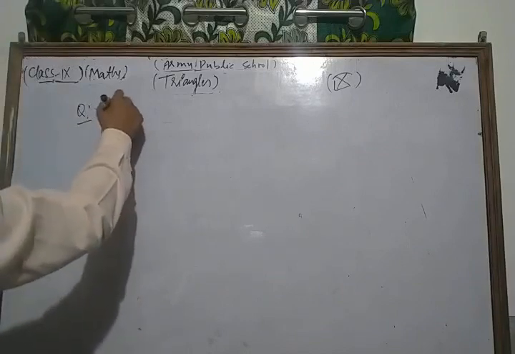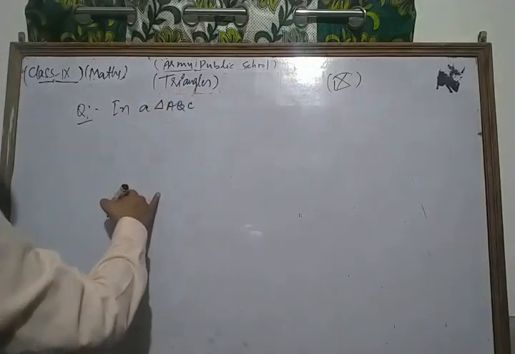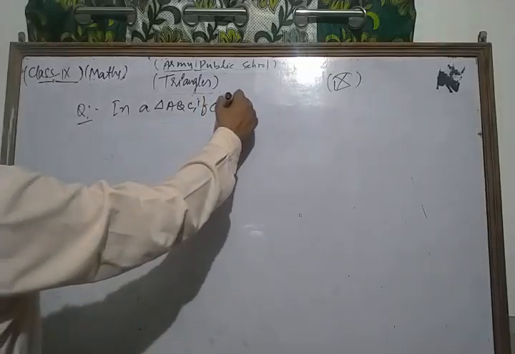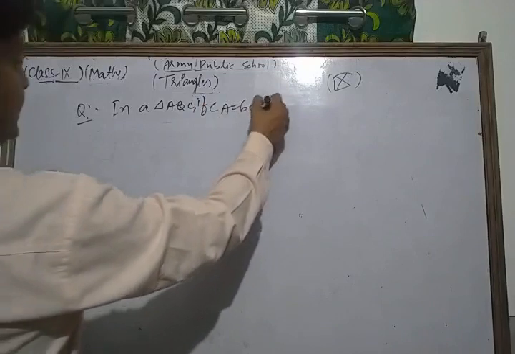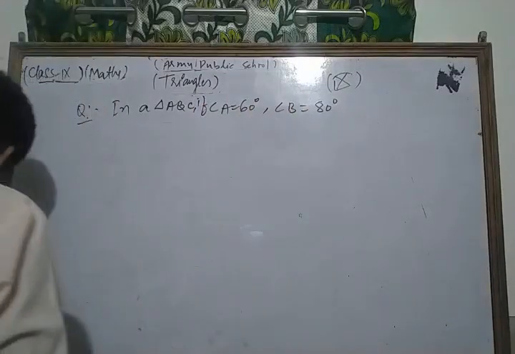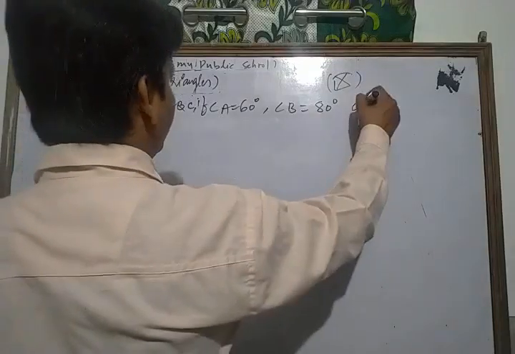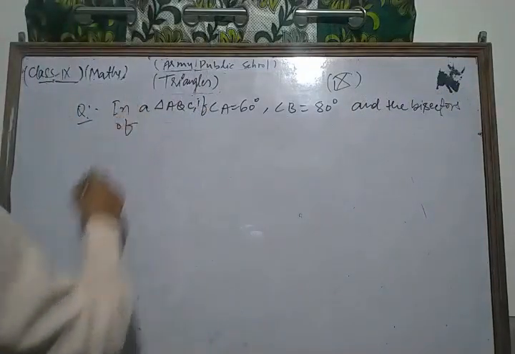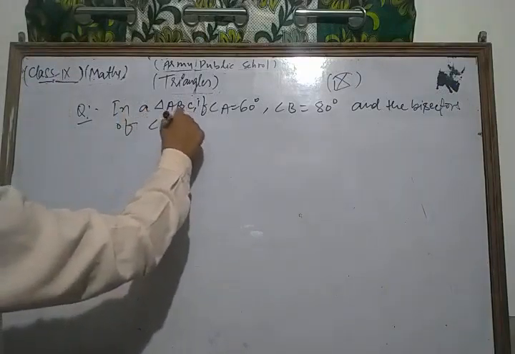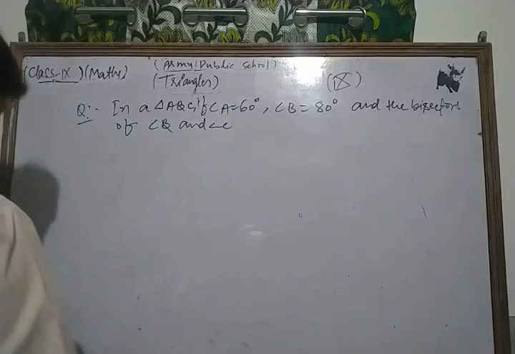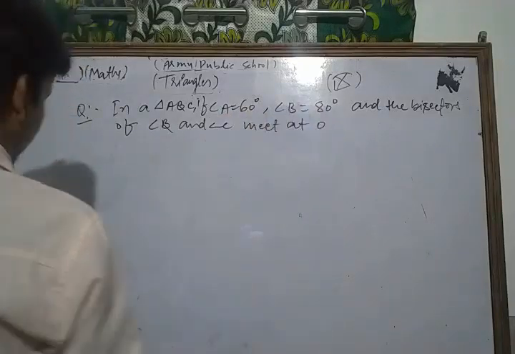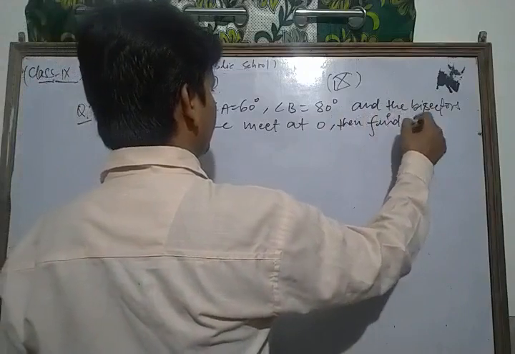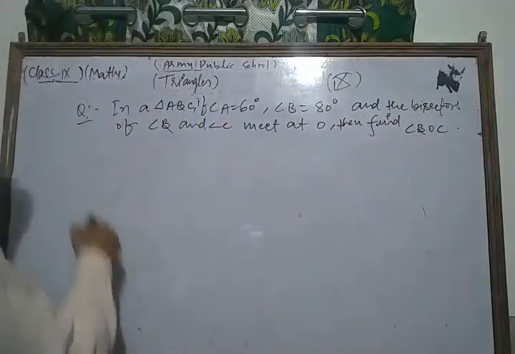In a triangle ABC, if angle A is equal to 60 degree, angle B is equal to 80 degree, and the bisectors of angle B and angle C meet at O, then find angle BOC. Now let's see its solution.